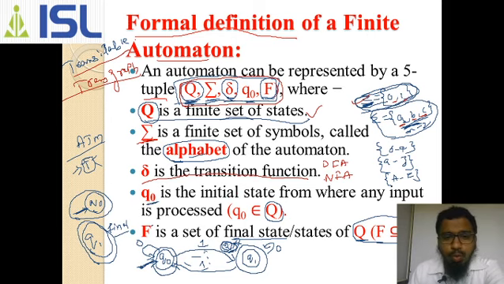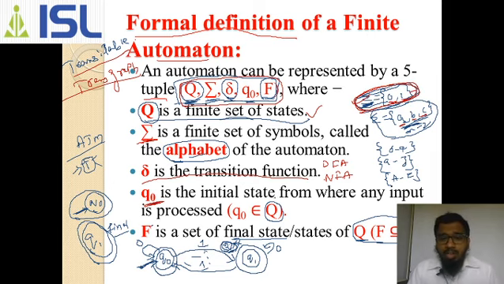Fourth one is Q naught. What is Q naught? It is the initial state from where any input is processed. Q naught belongs to Q. What does this mean? These are the finite states, 0, 1, 2, 3, like that.